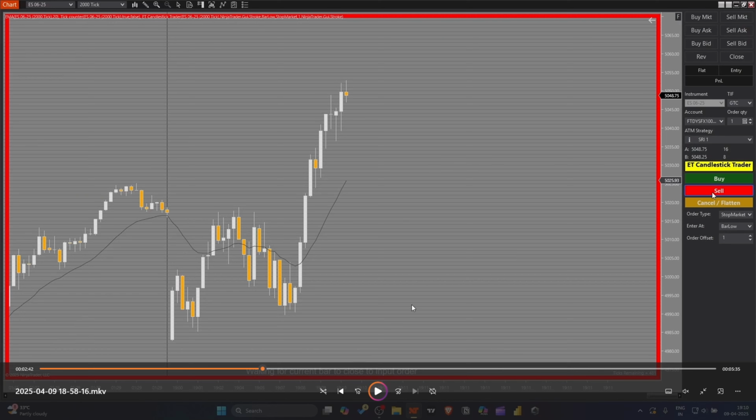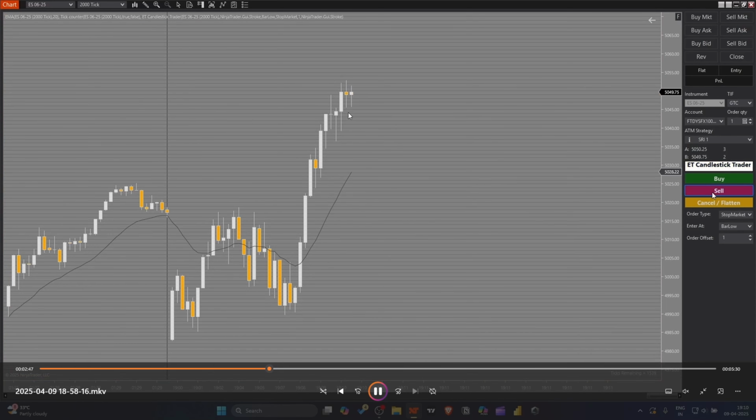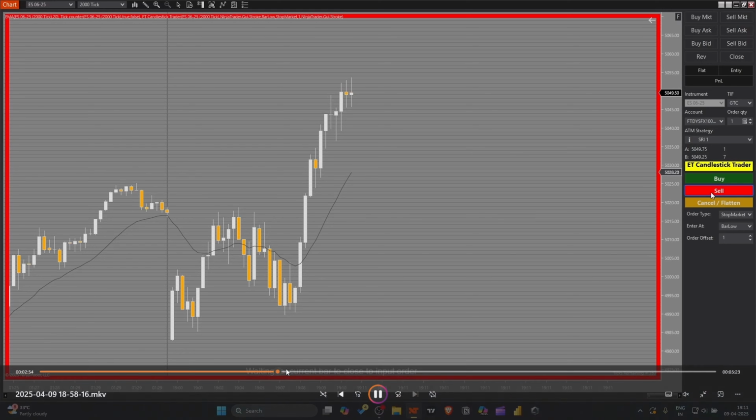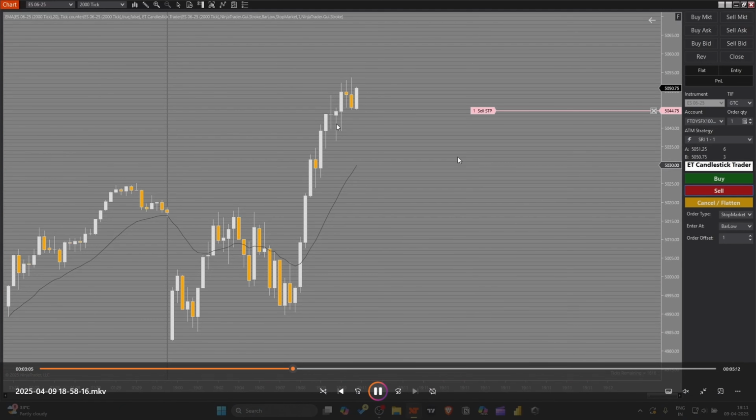When it touches EMA, you exit. But this bar didn't close as strongly as I wanted, so I didn't enter here. If this bar had closed strongly, I placed my order, but then it never got triggered, so I canceled that order.